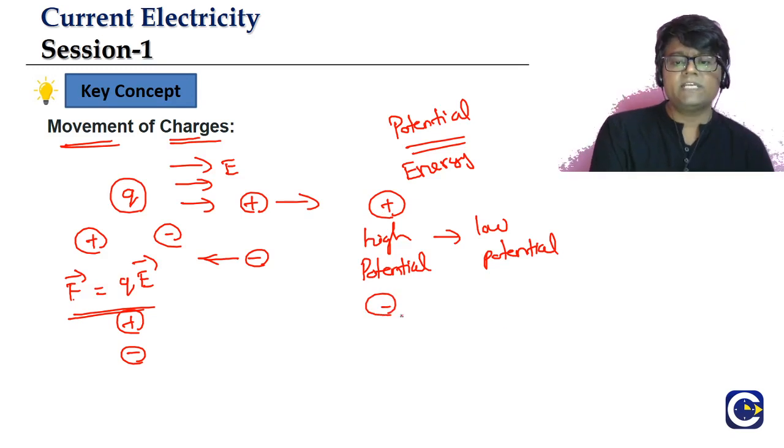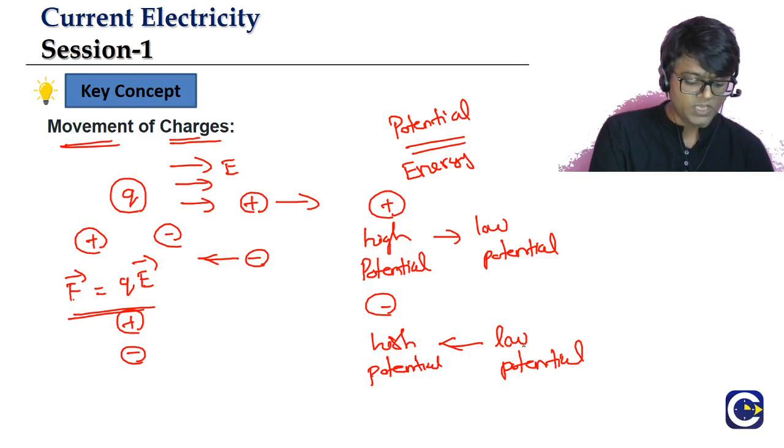And the negative charges are going to be moving from low potential to high potential. How are the negative charges going to move? They will move from low potential to high potential. So the direction of movement of charges will be exactly opposite.